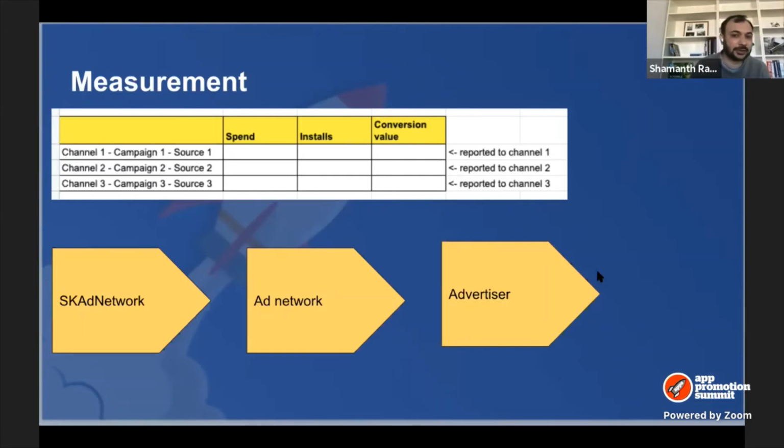If SKAdNetwork says, oh, source A, campaign A is extremely valuable, it may be stealing installs from other sources. So you want to be careful, especially if you're running multiple sources. If you're a smaller advertiser that's running primarily one or two sources, then I think you should still be good with just SKAdNetwork. But otherwise, you want to get some kind of incrementality solution in place.